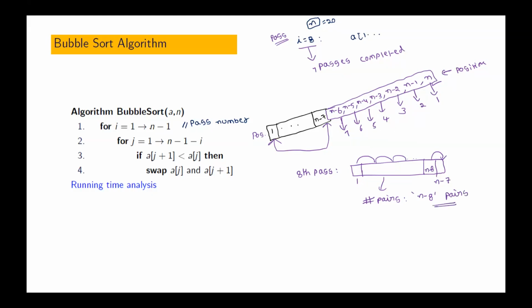Now, so that's why this is pass number. So the J value varies: first we compare 1, 2, next 2, 3, next 3, 4. What is the last comparison that we perform?